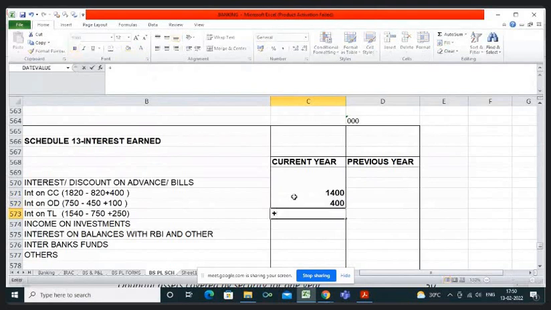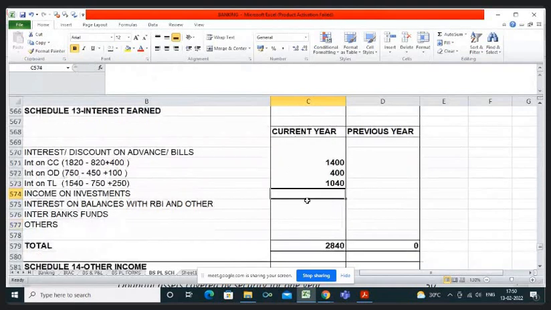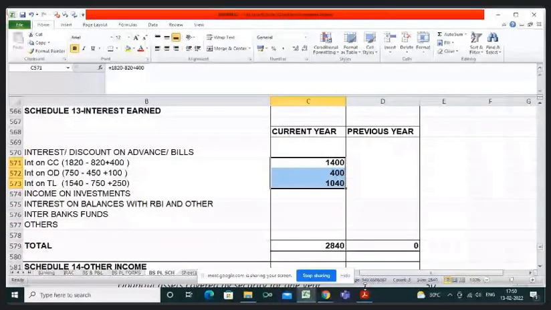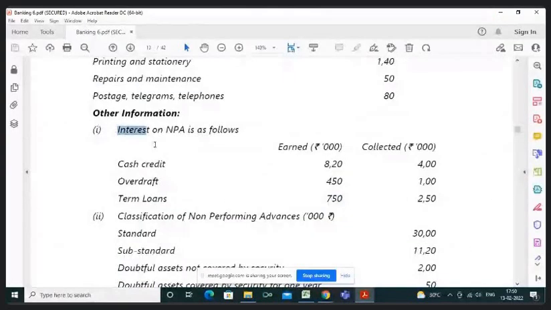Then in the case of term loans, 1540 minus 750 plus 250 will be 1040. So the total amount will be 2840 with respect to interest. So these three items and this income classification, income recognition also we have taken care of now.